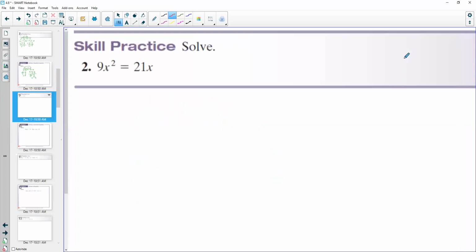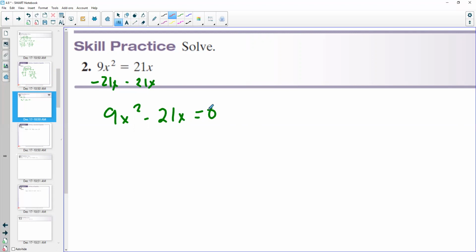Let's try another. Okay, is this in standard form? Surely not, right? It's got to be equal to 0 on one of the sides. I'm going to move the 21 to the left. Then I'm going to get 9x squared minus 21x equals 0. So now what's your first step? Well, I see a common term, right?